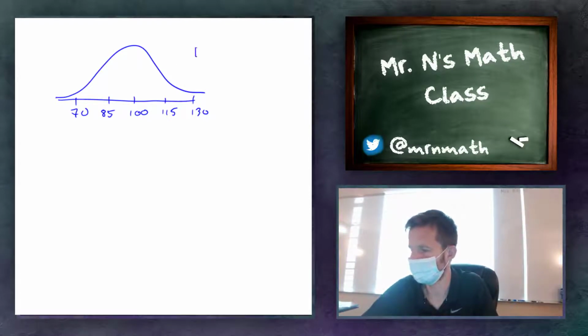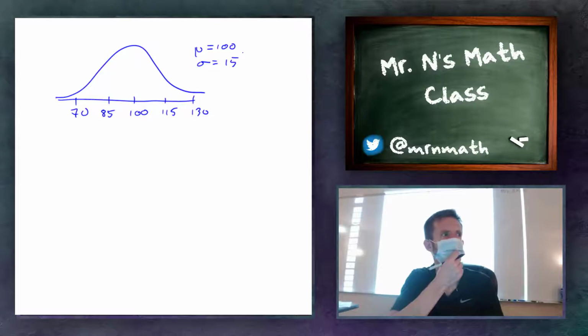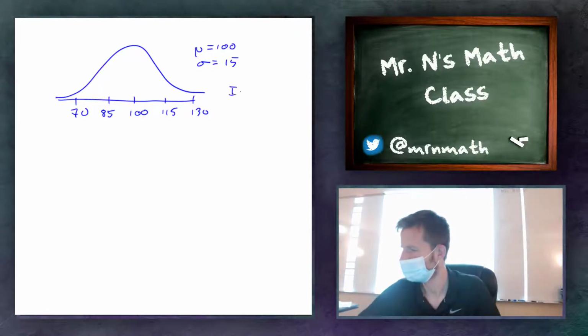A normal distribution with a mean of 100 and a standard deviation of 15. We talked about that as being the distribution of IQ scores.